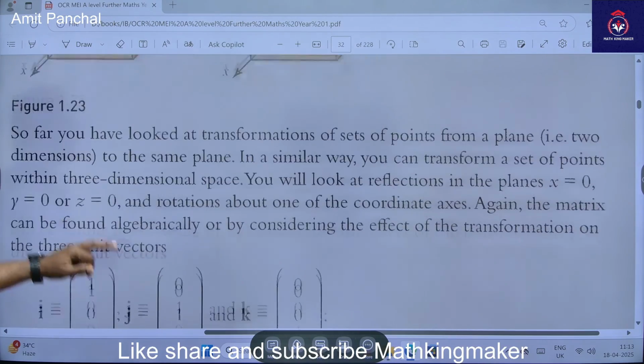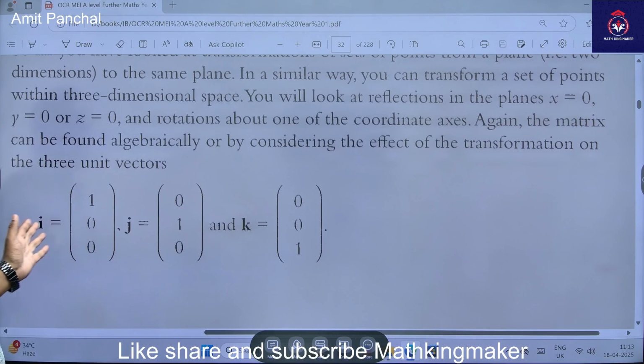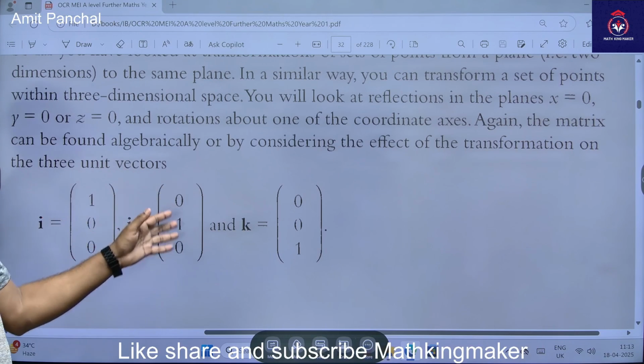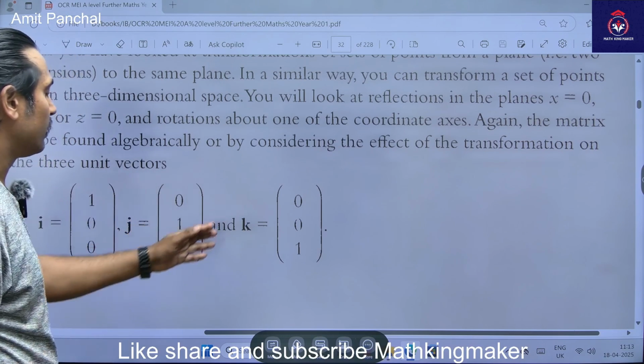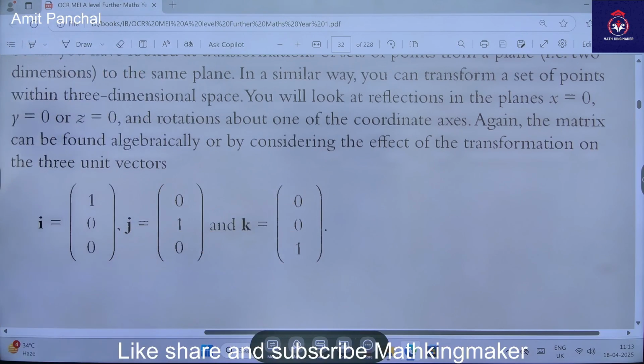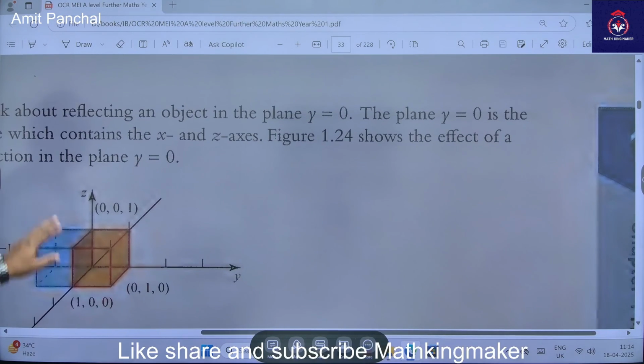In 3 dimensions there are 3 vectors: i is the unit vector in the direction of x, j is the unit vector in the direction of y, and k is the unit vector in the direction of z. We'll see 3-dimensional geometry and vector representation in matrices, starting from the next class.